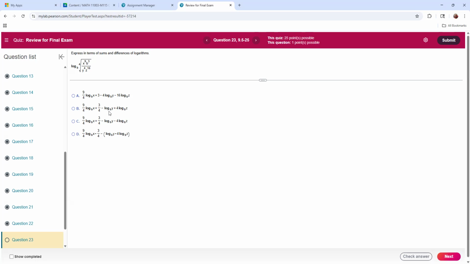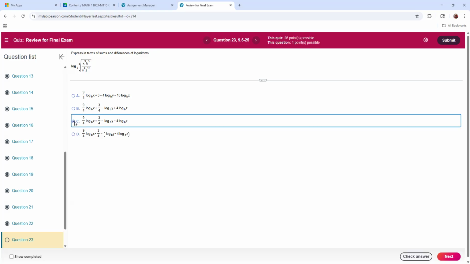Well, boy, they both got a log B of y. And then look at the end is minus 4 log B of z. B, they got plus 4 log B of z. So we're going with C. 9/4 log b of x plus 3/4 minus log b of y minus 4 log b of z.